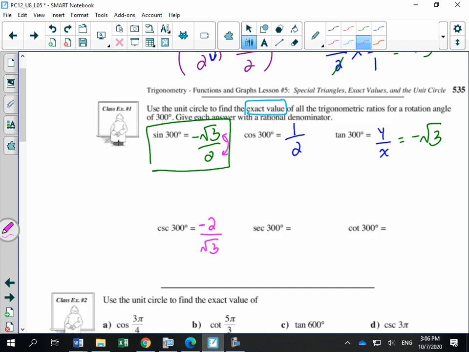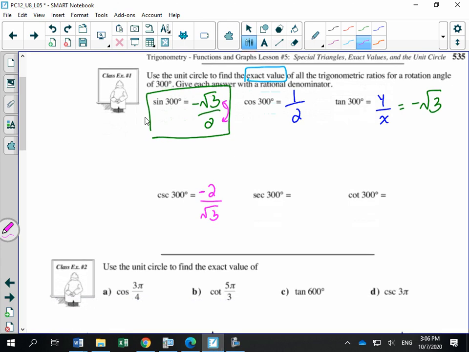I'm actually going to put my negative up here. And the reason why is because I need to rationalize the denominator. So I need to get rid of the radical in the denominator. So I'm going to multiply both numerator and denominator by root 3. The cosecant of 300 degrees is equal to negative 2 root 3 over 3.